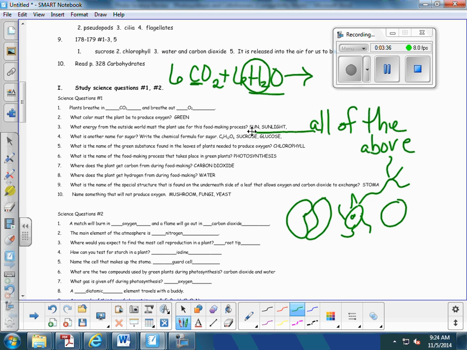And I might ask you, which is the stoma? A, B, or C? A would be the stoma in this case. B would be the nerve cell. C, whatever I name it, maybe it's a red blood cell. I don't know. Okay.